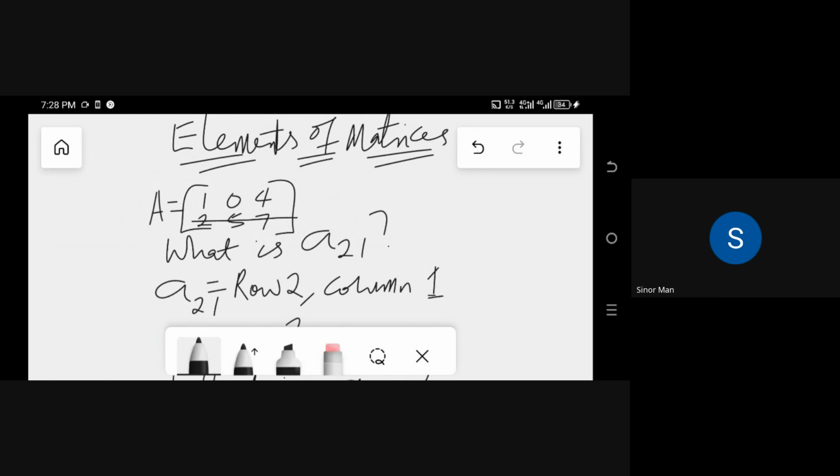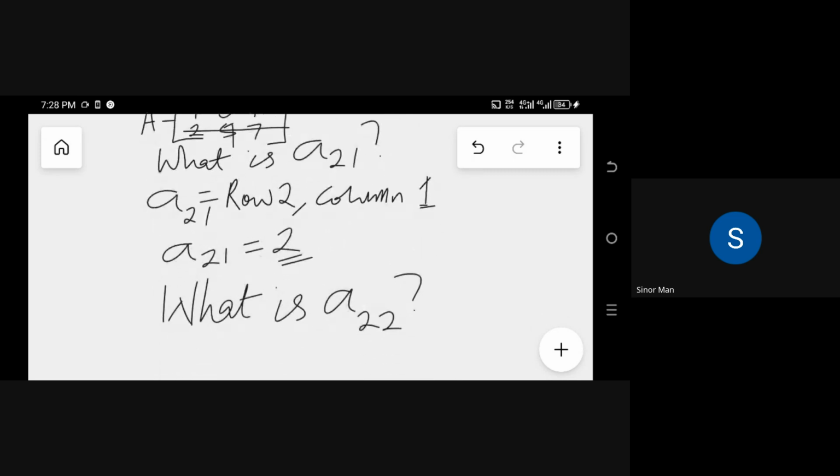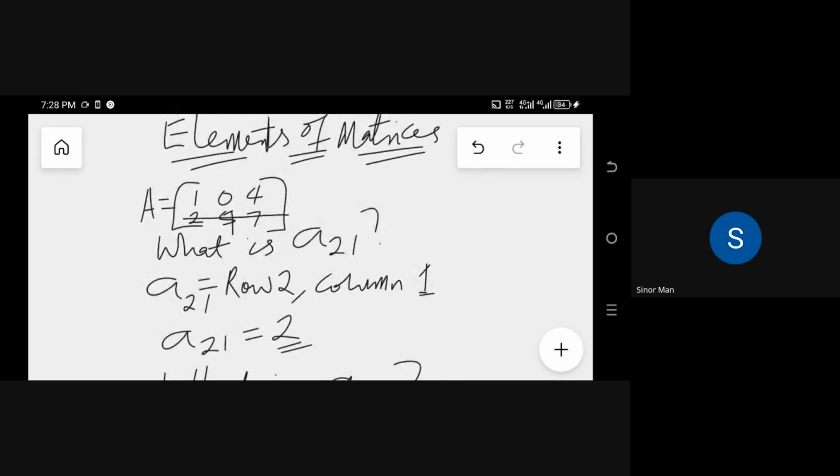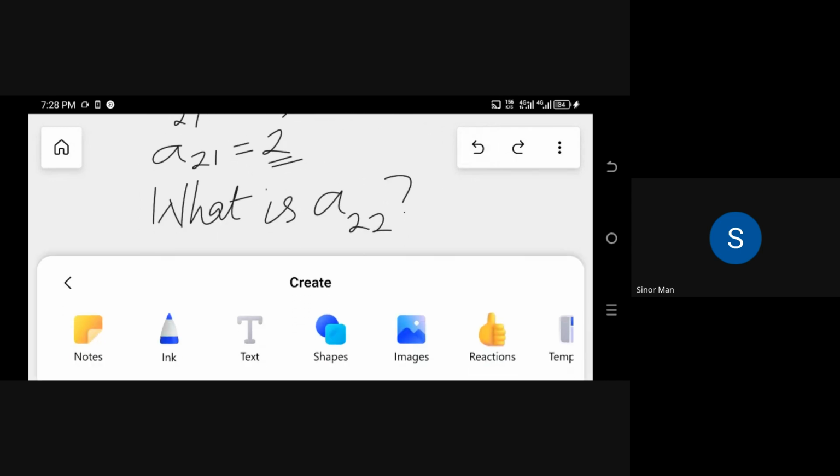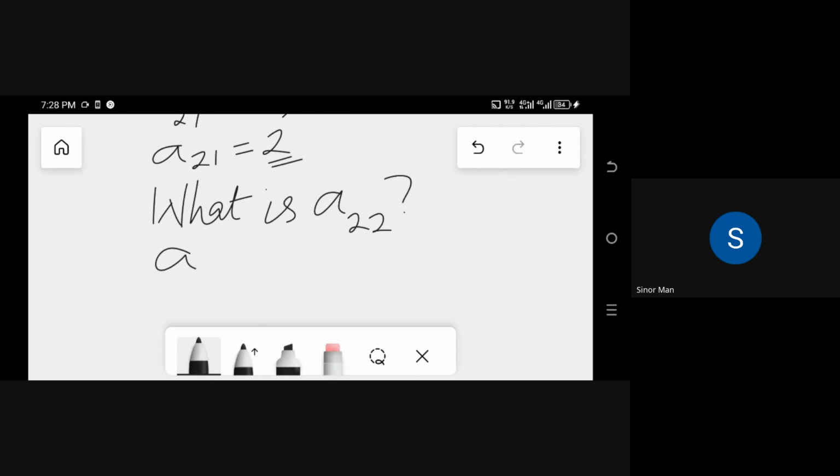Column 2. That element, the element at the point of intersection where row 2 met with column 2, that element there is the element that denotes A22. So you can see the value we have there is 5. So A22 is equal to 5. So this is basically what to do.